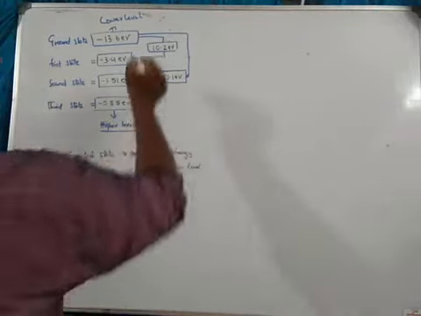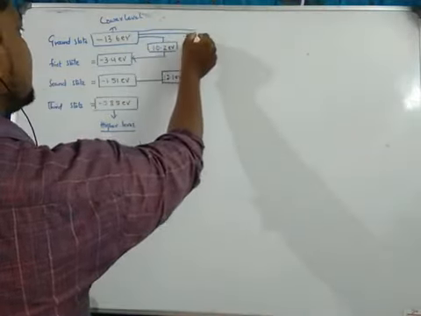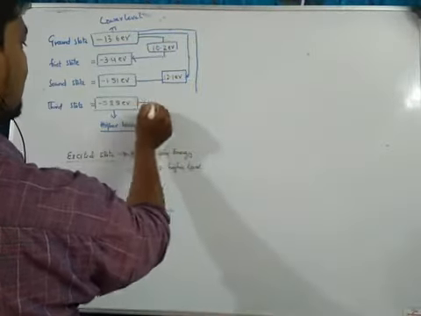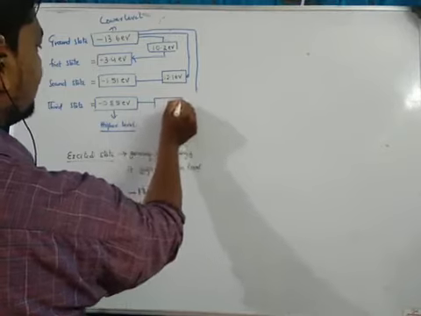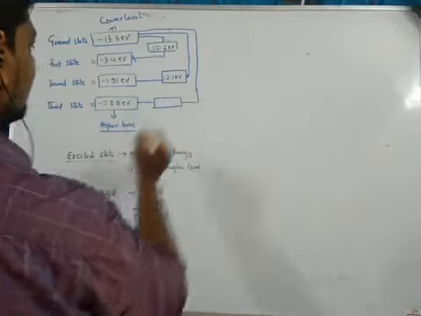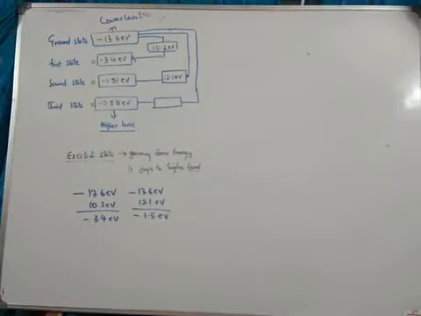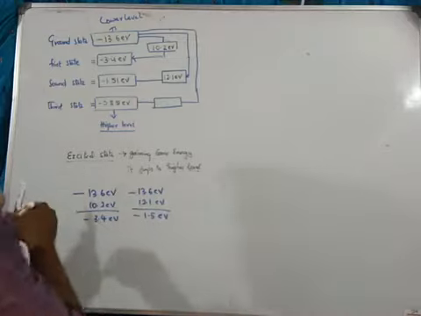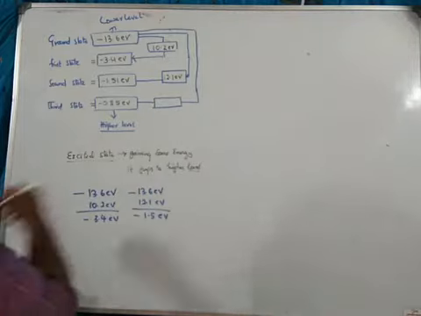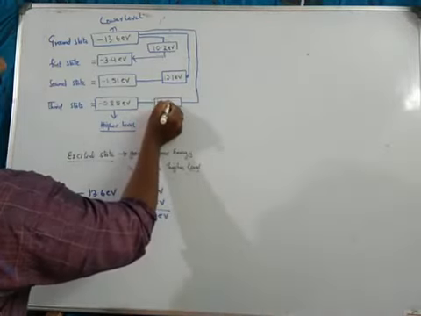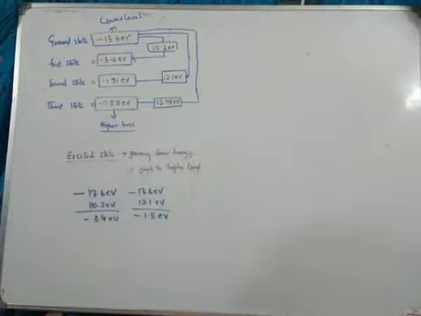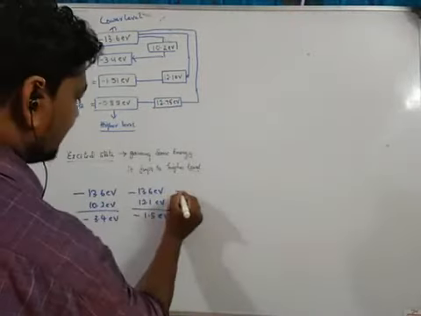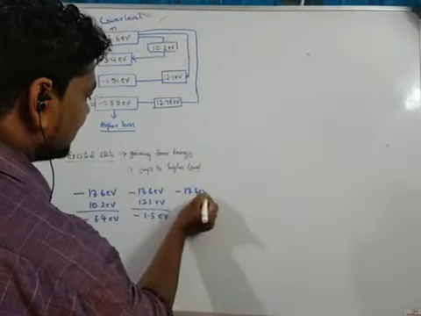Similarly, from the ground state, if you want to go to the third level, we need an energy of 12.75 electron volts. So let's check. We have minus 13.6 electron volts.